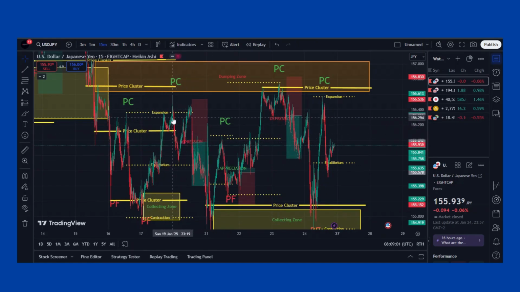So within the expansion zone, the depreciation level was formed, and I put my stop loss far enough from my entry based on the choppiness of the price movement. So I put my stop loss, entered, it went down to 1:1, I shifted my stop loss to break even, and the price retraced back.